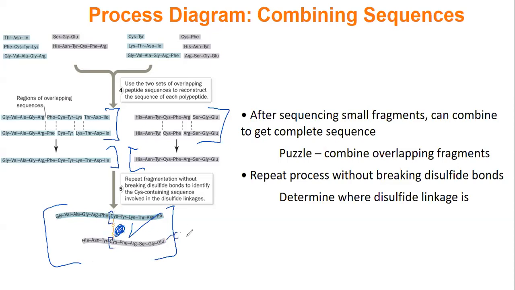But if there's other cysteines, right, we don't know which ones are forming disulfide bonds. So we have to do an experiment where we break the peptide apart, resequence it, and see what cysteines are connected together. And then we can put our disulfide bonds in correctly.